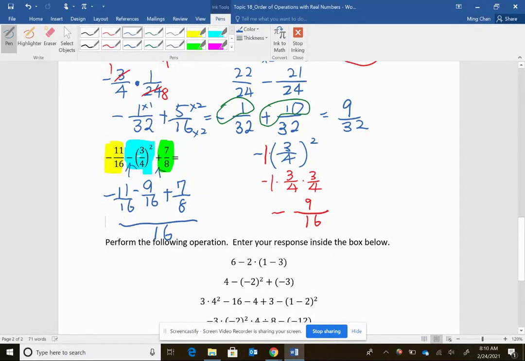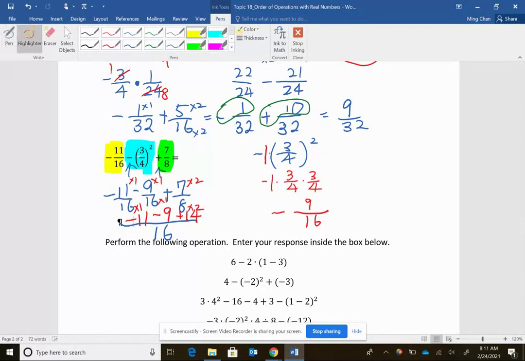On the top, I'm going to write down the 3 numerators. 16 going to 16 is 1 time, so the first term times 1 is still negative 11. I'm writing it like this on purpose because it's easier to combine this way. 16 going to 16, 1 time, numerator times 1 is still negative 9. 8 becomes 16 times 2, so the numerator positive 7 times 2 is positive 14.